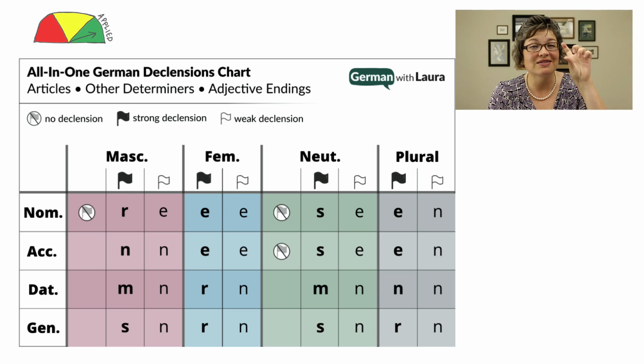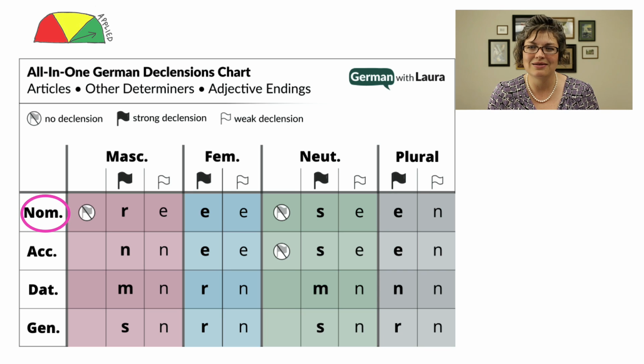Okay, all of these tiny little changes, just single letter changes, are called declensions. Okay, and we have one chart here that has all the declensions you need. Conventionally, students try to work with 10 or more charts to learn this same topic, but this way is the most efficient way. This is applied learning, okay? So in our examples, we're in the nominative case, right?